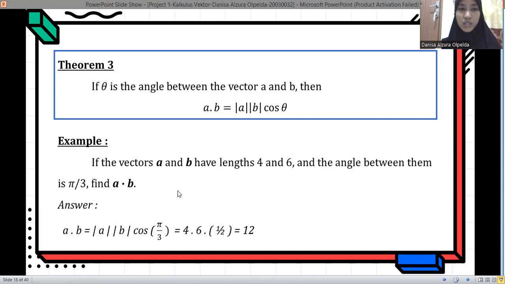I'm sorry, before, my pronunciation, it means dot. A dot B is equal to |A| times |B| cos pi over 3. We enter the values of A and B, 4 and 6, in the equation. So we get the result is 12.